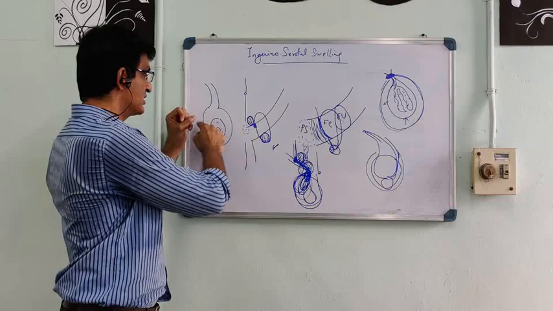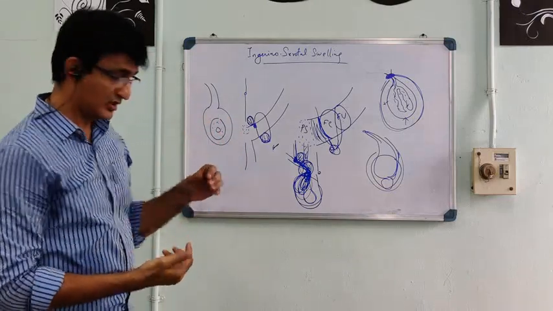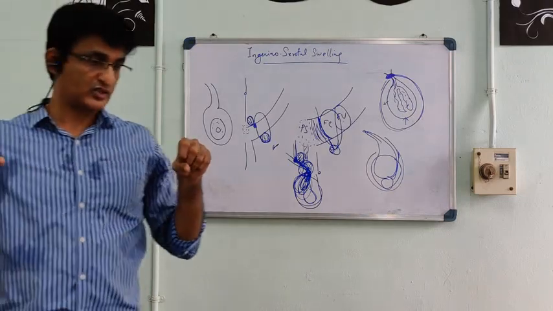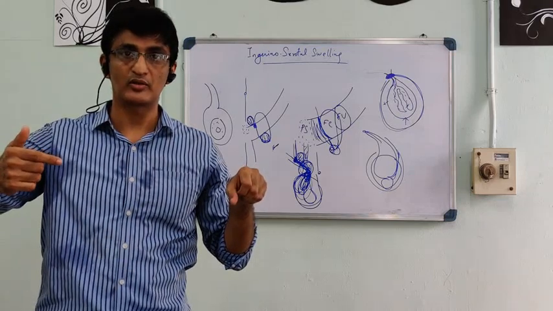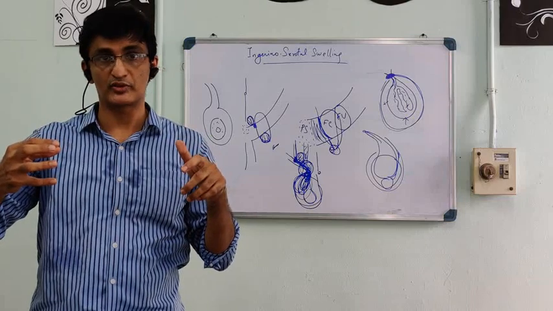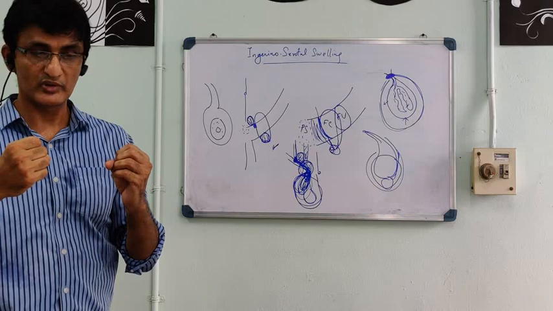Put a torch here and see whether the whole swelling is getting transilluminated. One mistake you make here is putting the torch on one end and the scope on the diametrically opposite position. That is not acceptable because the testis will come in between, so you may not get the transillumination. It should always be tangential. So light from here, you visualize tangentially.